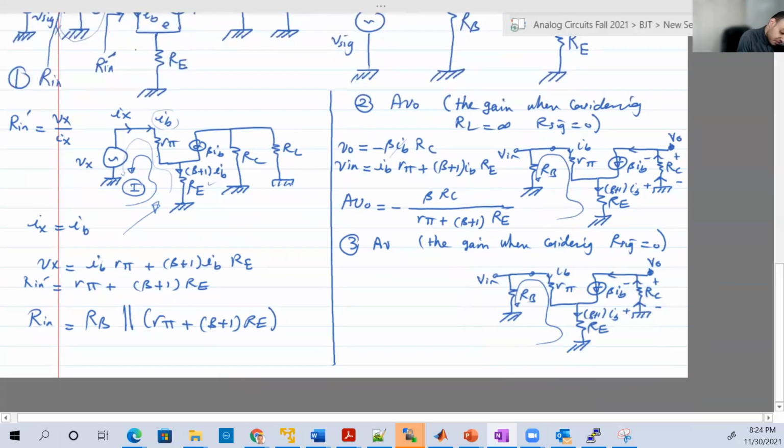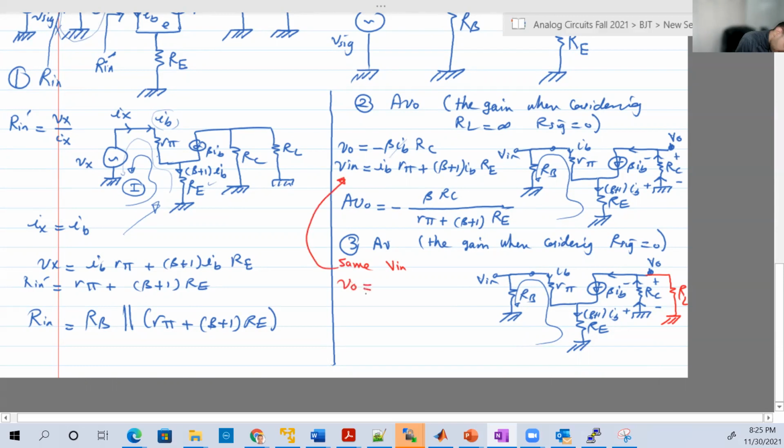I'm gonna add it in another color so we know this is the only addition. Now, what is the difference? The input will be calculated from the same loop, so the input will be the same V input, this guy.